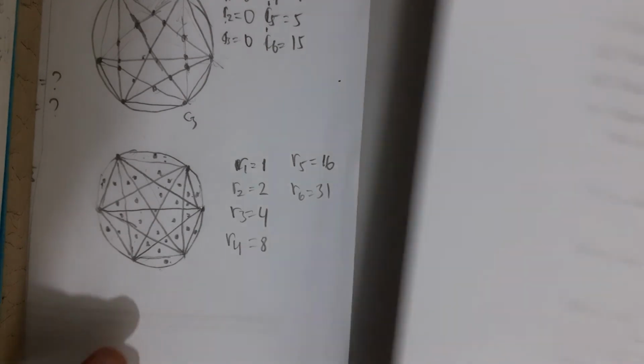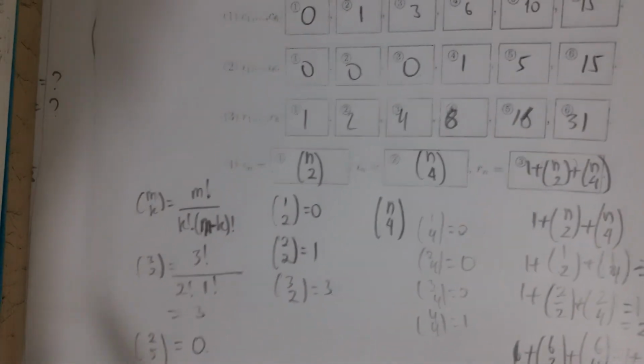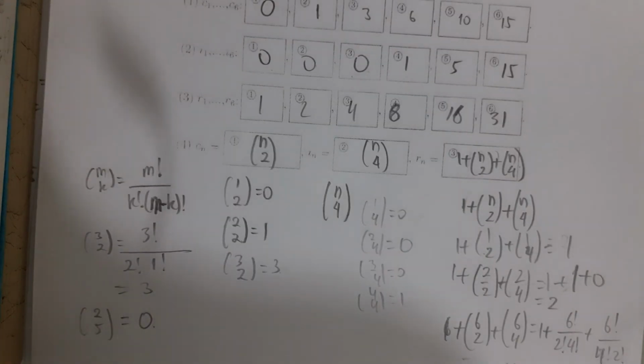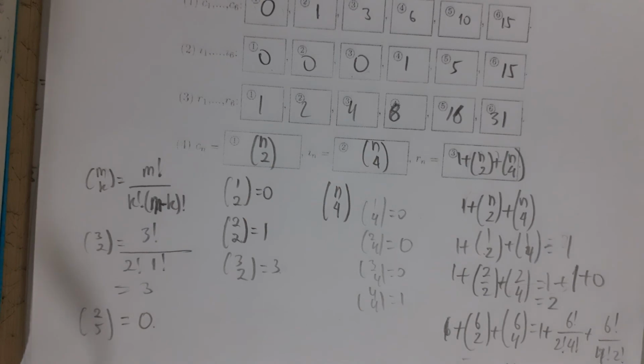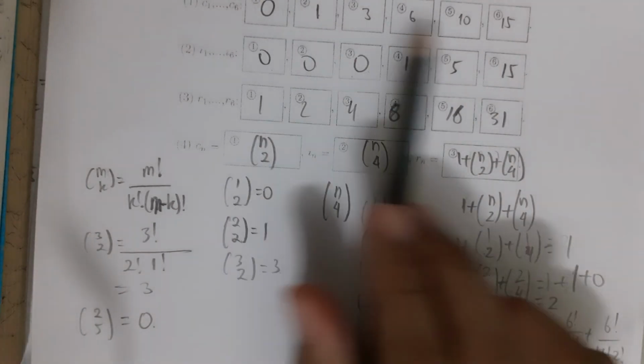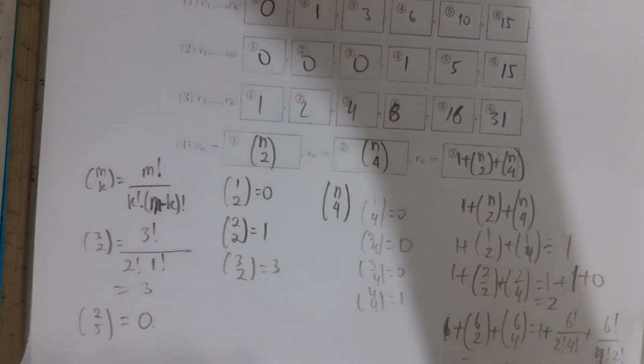And finally, when you already have the correct answers for Cn, In, and Rn, we should carefully understand how to form and have good logic in understanding the binomial expression for each of these values of Cn, In, and Rn. Thank you for watching.